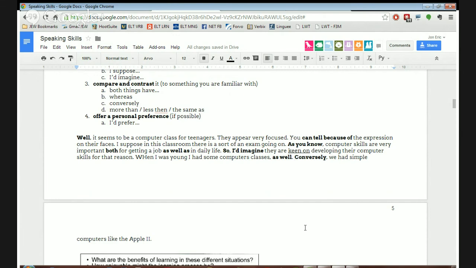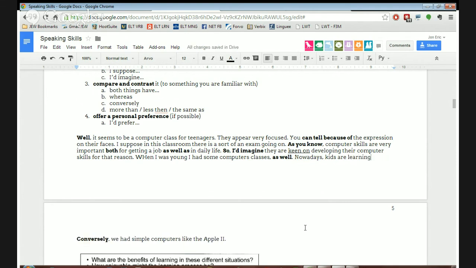So what can we say about computer classes now, for example? Nowadays, they are using more state-of-the-art computers like Pentium, I don't know, Pentium or Macintosh. Right.